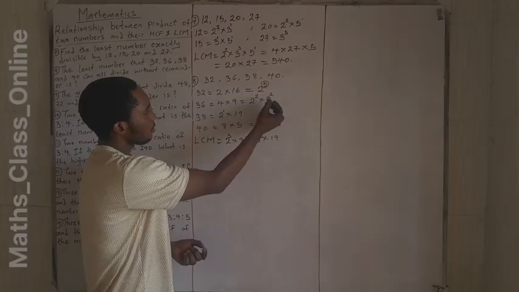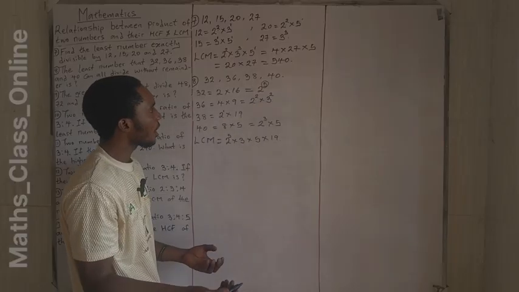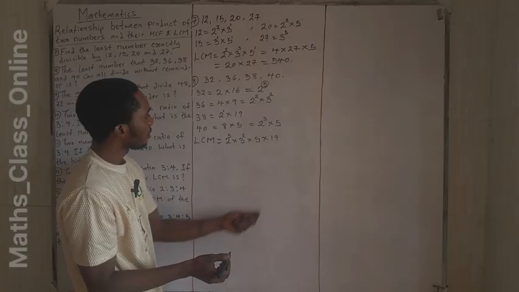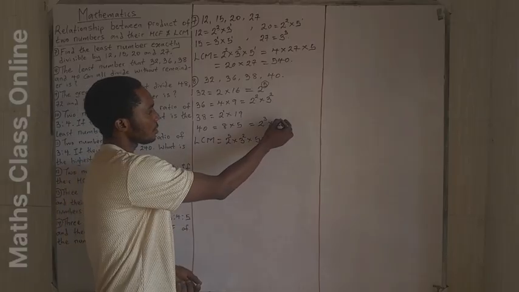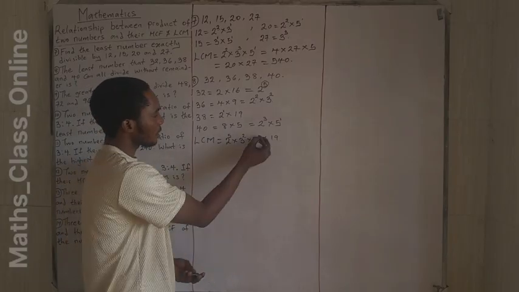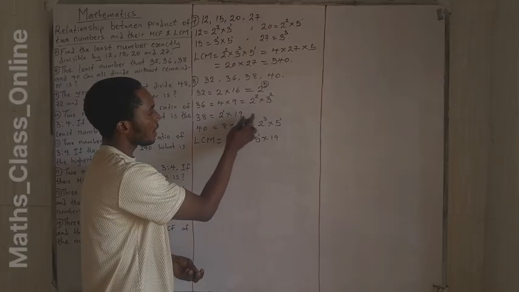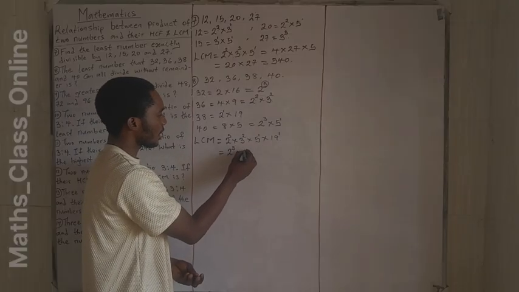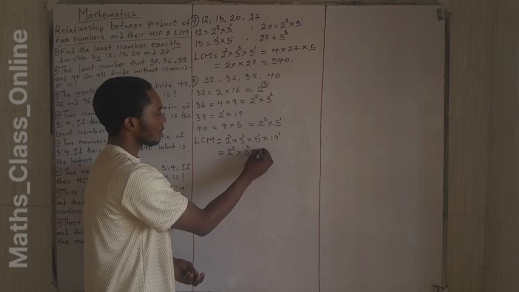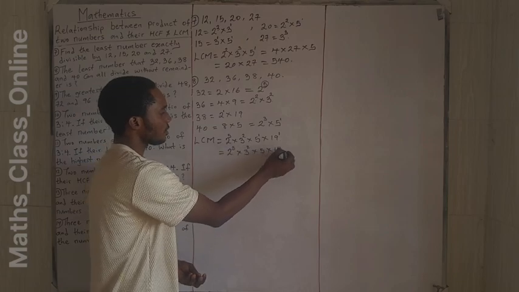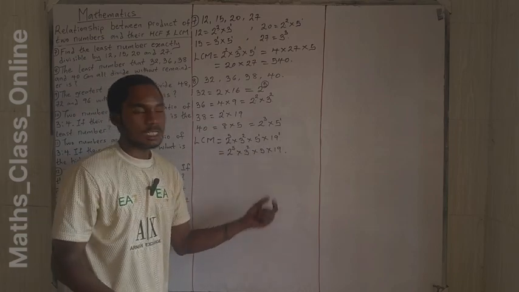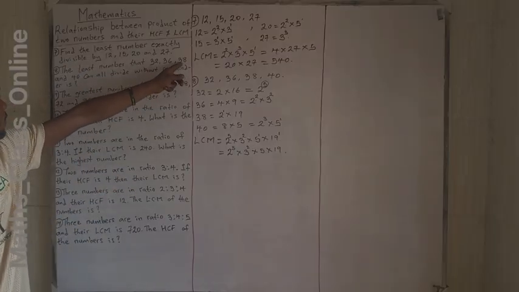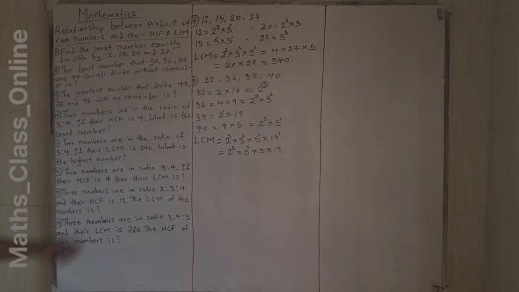Also 3: we have 3 raised to the power of 2, and nowhere else. 5 raised to the power of 1, and we don't have 5 anywhere else. And 19. This is equal to 2 raised to the power of 5 times 3 raised to the power of 2 times 5 times 19. The product of these numbers is the LCM of 32, 36, 38, and 40.